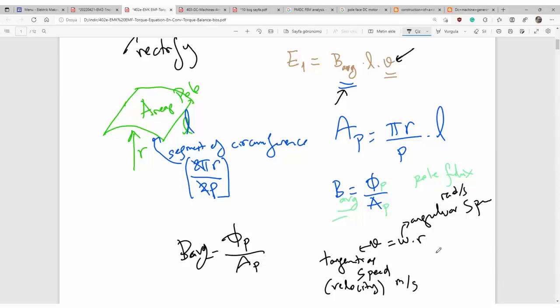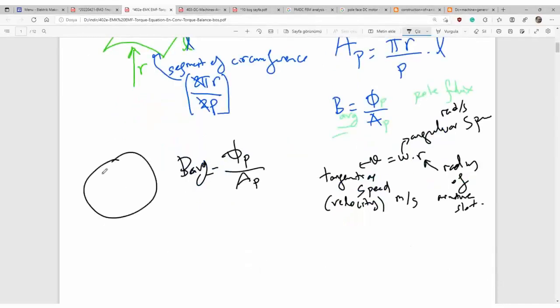That is the radius of the armature slot. Here is the radius. Armature is rotor or armature. That is the radius. Average radius of any slot. Here are conductors. Average radius. Okay.